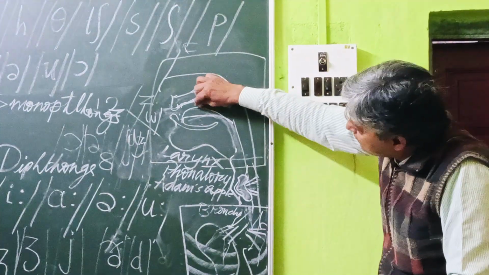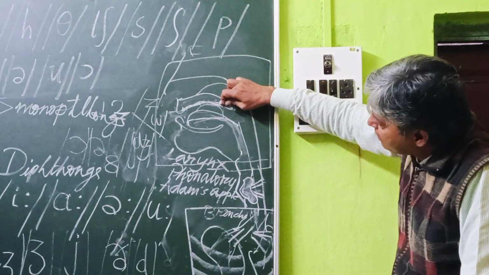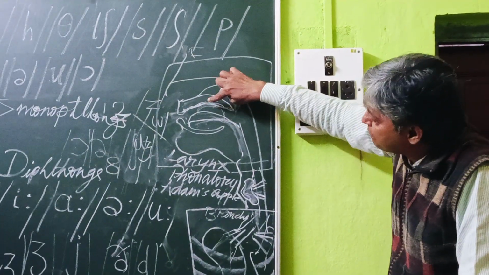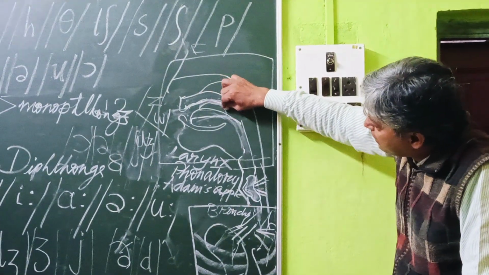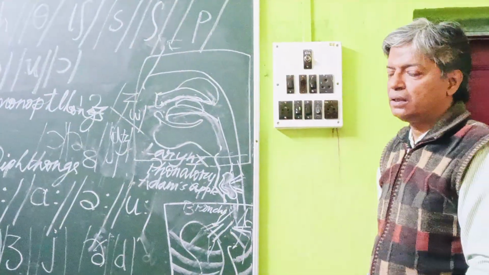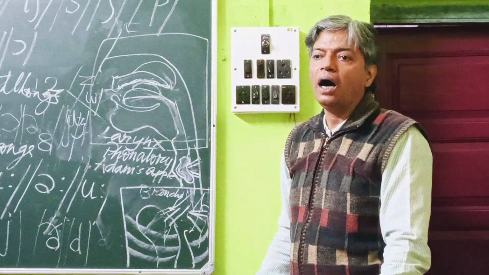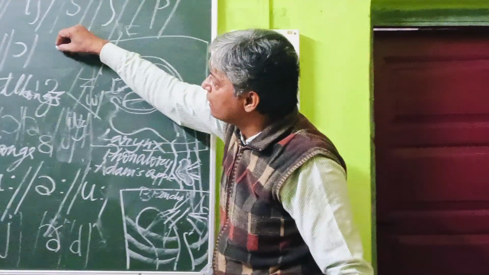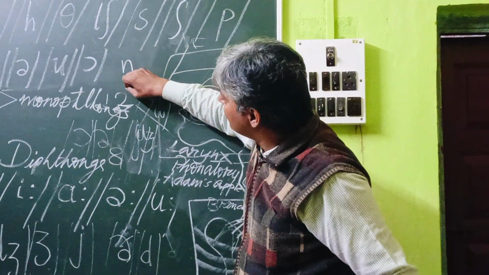When the tongue is raised like this in the back, we have back vowels. When the consonant is produced with close approximation, we have velar consonants. Ka, ga, ang. One more symbol, ang.